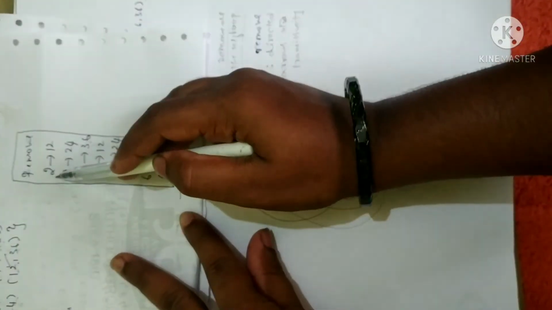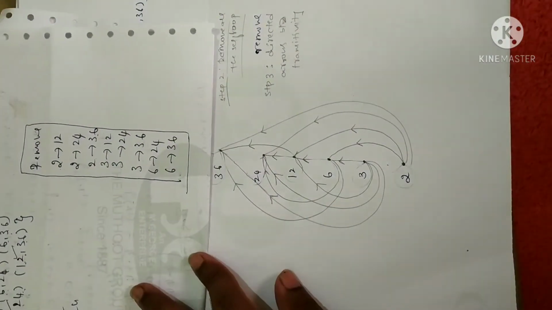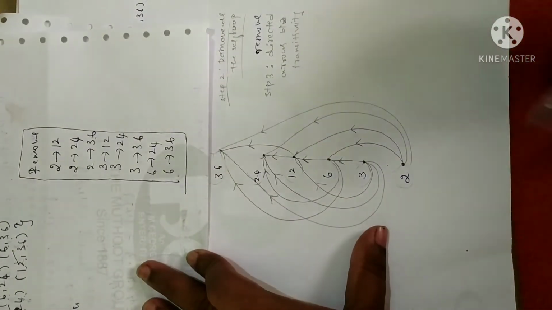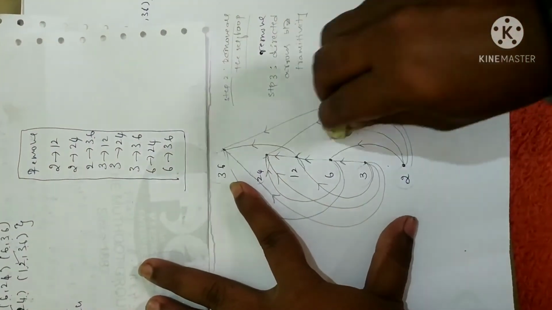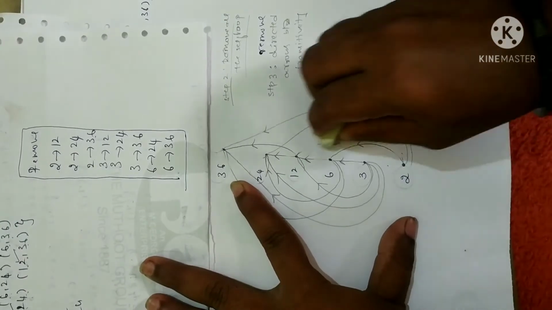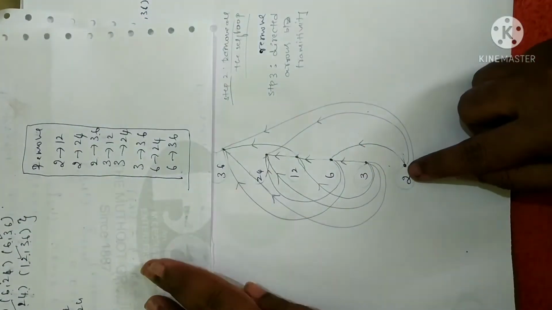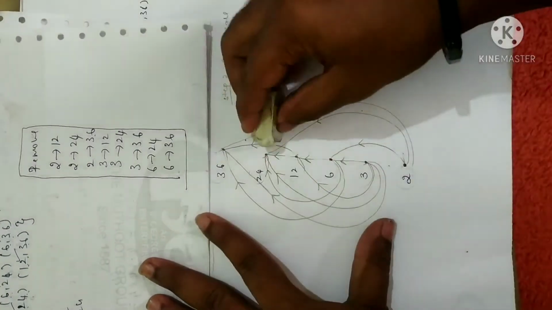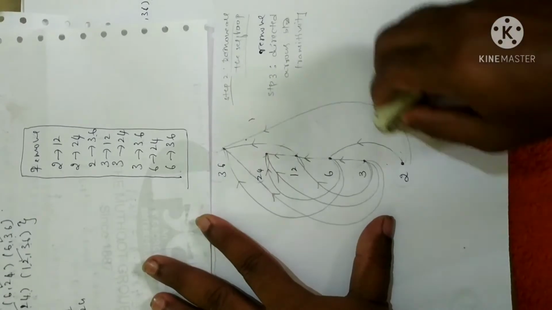First let me remove the 2 to 12 arrow, which is directing from 2 to 12. I am going to remove 2 to 12. See here, 2 to 12. I am going to remove 2 to 12. So I have done this. Fine. Next 2 to 24. 2 is here, so 2 to 24 is connected. I have to remove that arrow also.